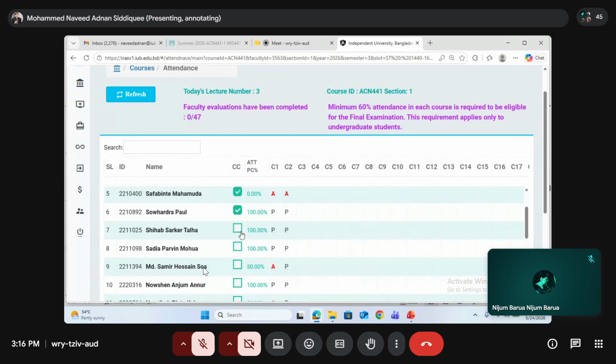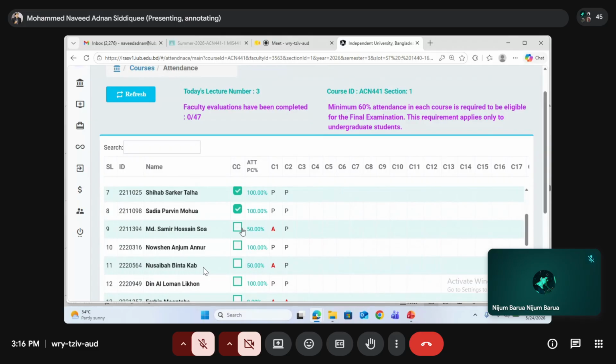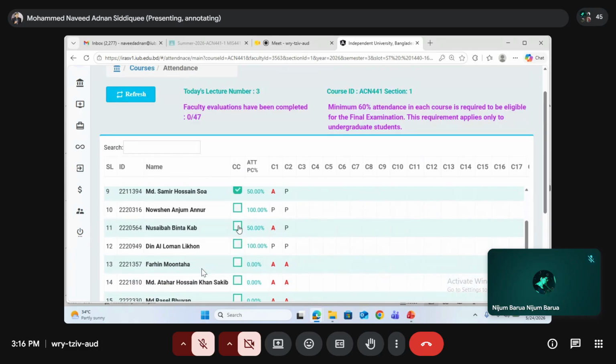Shihab, Present, sir. Sadia, Present, sir. Samir, Present, sir. Nusaiba, Present, sir. Farhin, Present, sir.